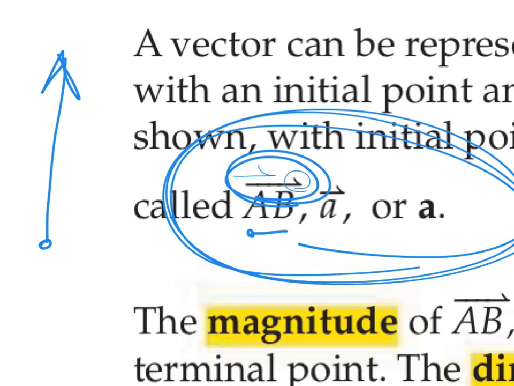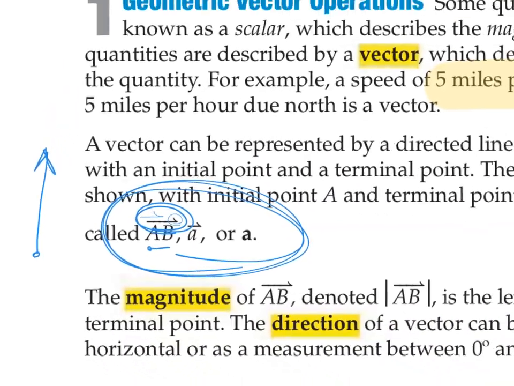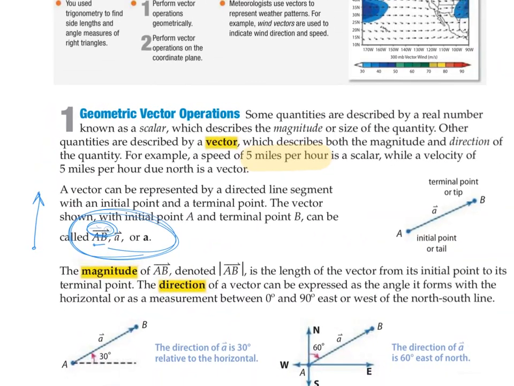You can also call it just vector A if it's labeled with an A, like the one in the picture right here is labeled with an A, so you can call this vector A. Or if you have a computer and you can bold your font, then sometimes you will also see a vector denoted this way with a bold letter A. So those are the three different ways that you can write down a vector. All right, so now that we talked about that, we can get started with the example problems.